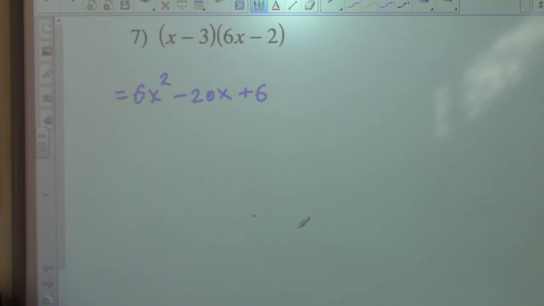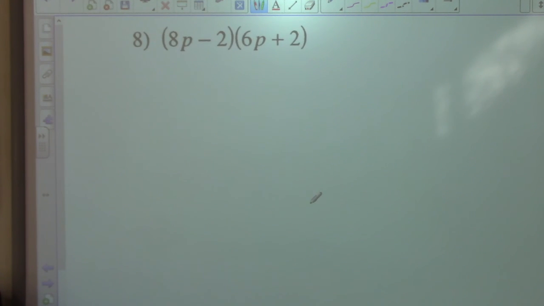Number 8. Here's number 8. Okay, we're gonna have Corgale do number 8.